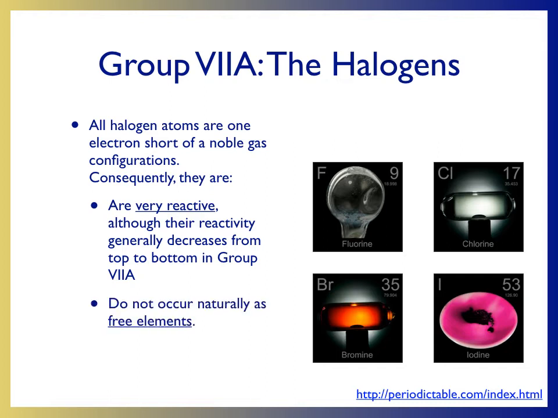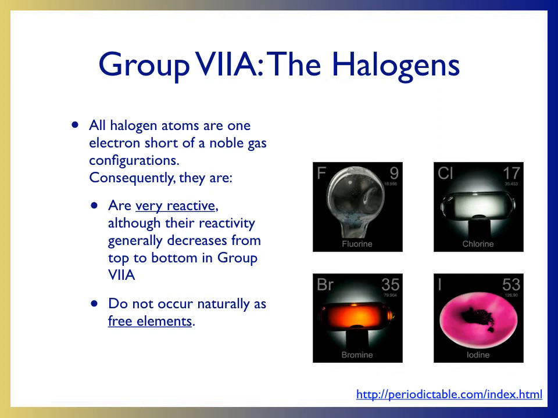The reactivity of the halogens also means that you cannot find halogens as free elements in nature. Halogens were not discovered until the late 1700s or 1800s due to the invention of the electrochemical cell, mainly in the form of the voltaic pile, which allowed for the formation of these elements electrochemically.